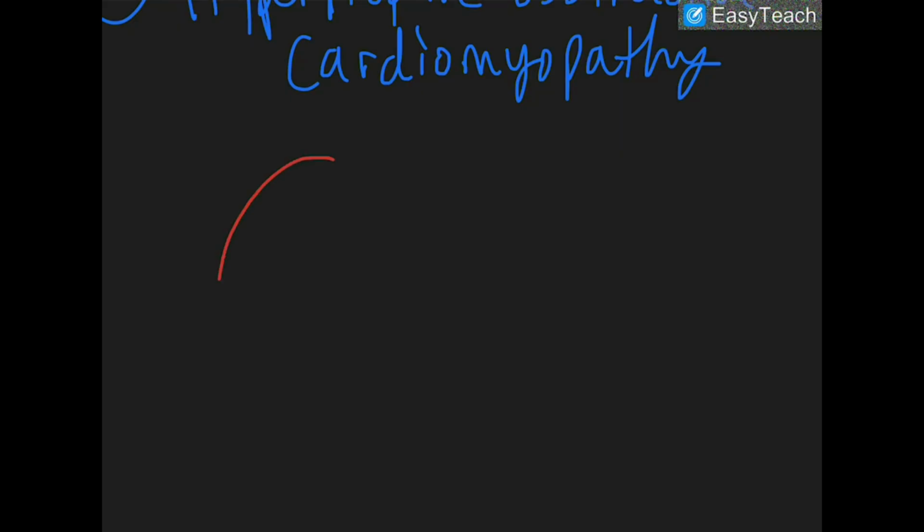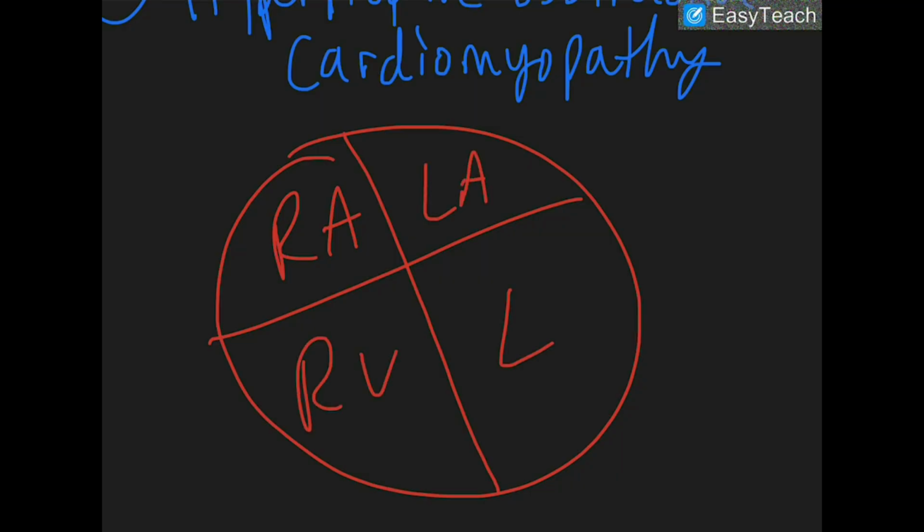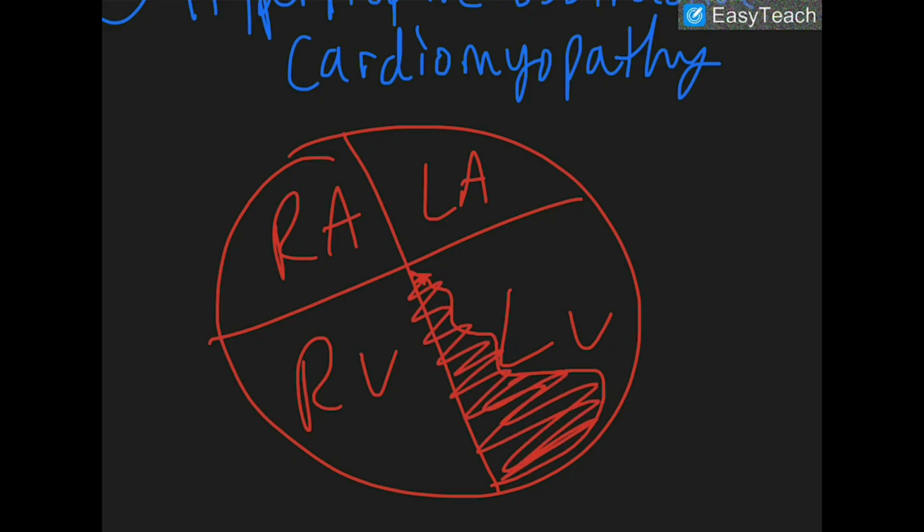a nice overview would be, what is this? So you're going to have your right atrium, right ventricle, left ventricle. And in this condition, you have severe obstruction on the left side of your heart, and it's an irregular hypertrophy of your septum. So imagine something very irregular, and it's bulged out like this.